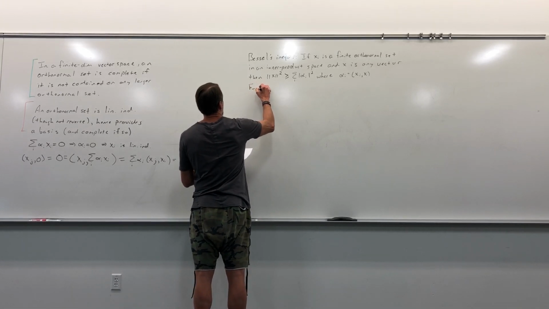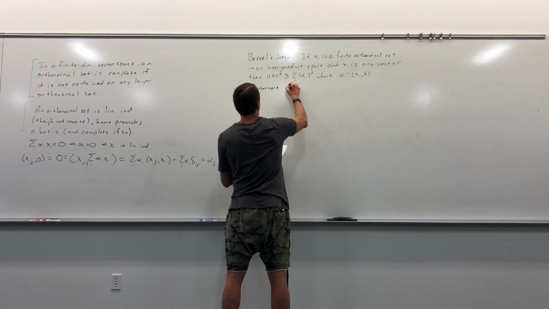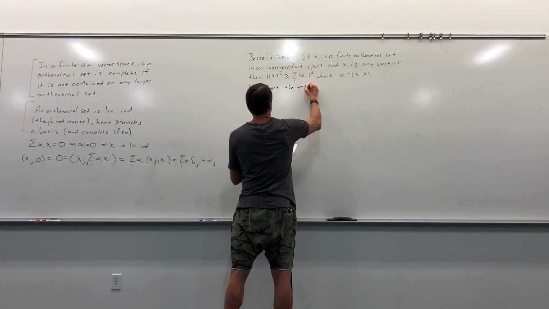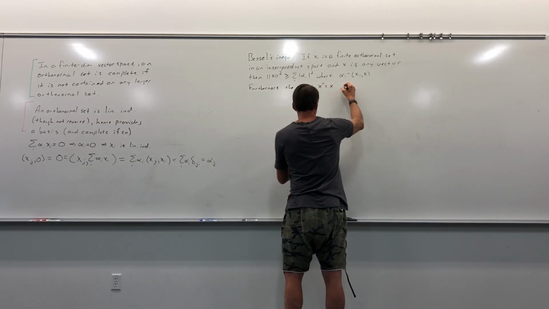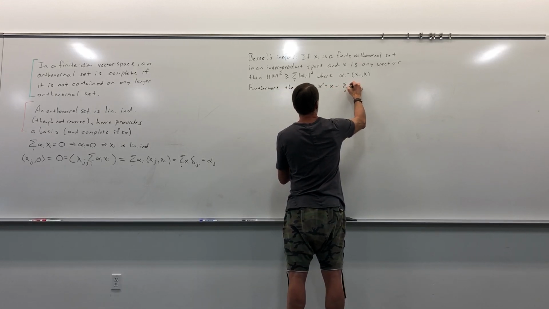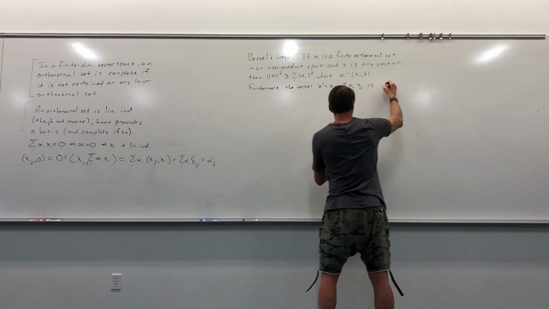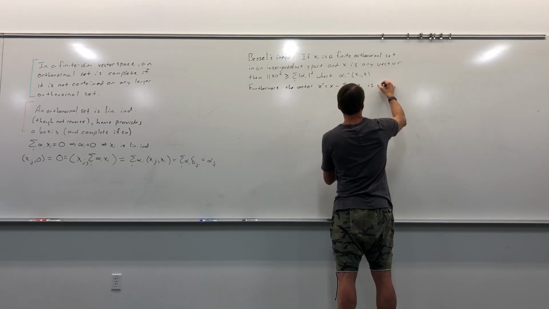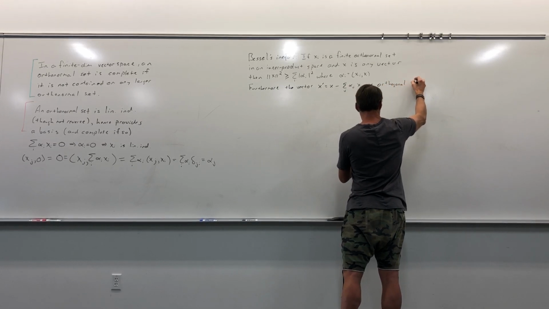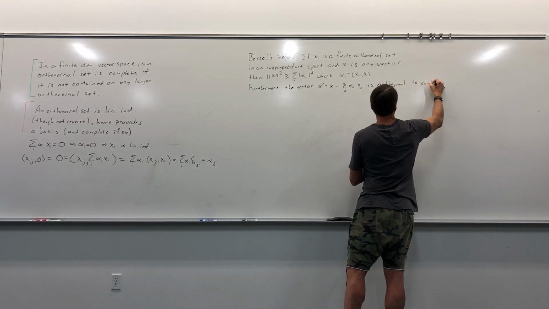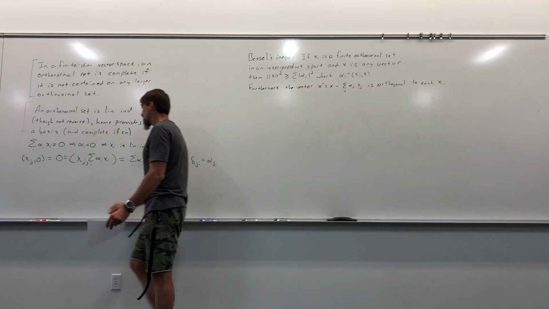Furthermore, the vector x prime, which is x minus the sum over j of alpha j xj, is orthogonal to each xi. Okay.